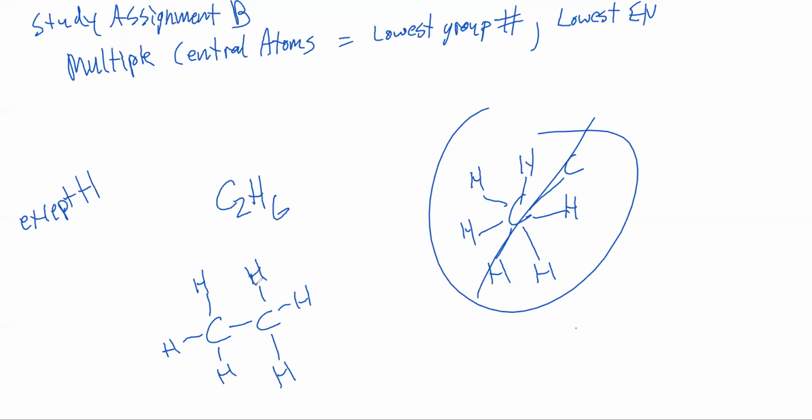You can still have things like double bonds or triple bonds inside of your carbon, even if you have multiple centers. So you can use this for things like C2H4 and C2H2. Both of those are ones that have multiple centers.